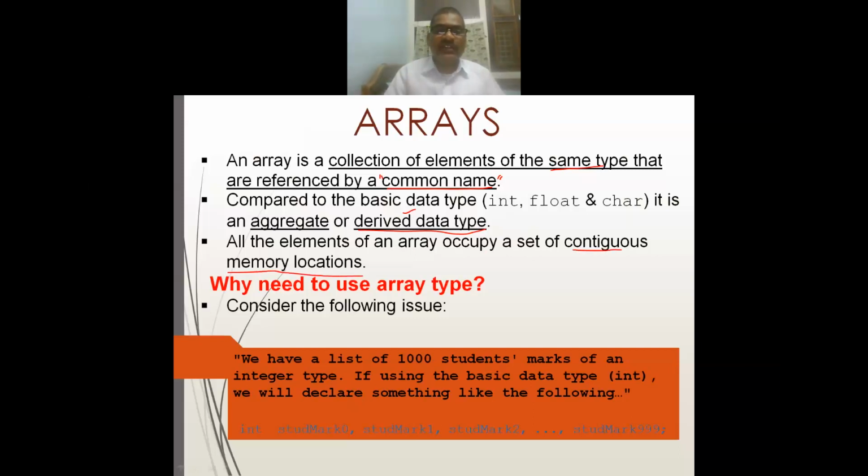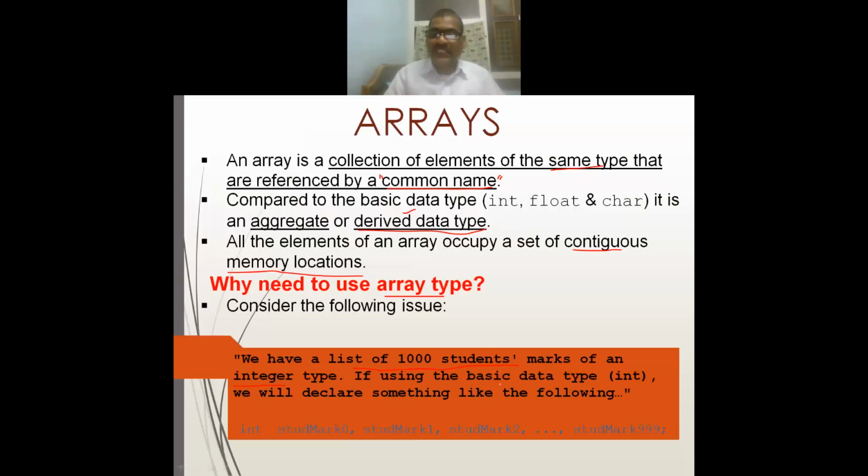Fine. So why do we need arrays? What is the purpose of using an array variable? For example, consider a scenario where we have a list of 1000 students and you want to store the marks scored by each student in a particular subject. The marks are integer type.